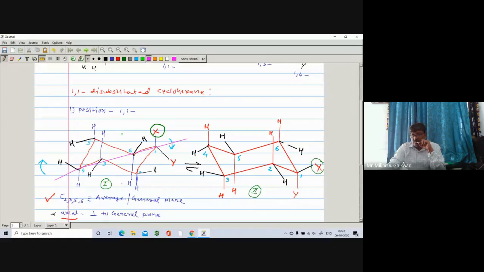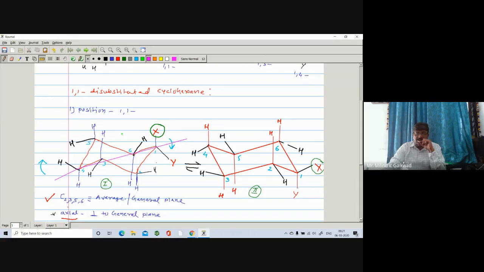In structure number 2 also, one is above the plane and the other is below the plane. Means in this case, if both groups are the same, we cannot have optical isomerism, because it contains a plane of symmetry, right?